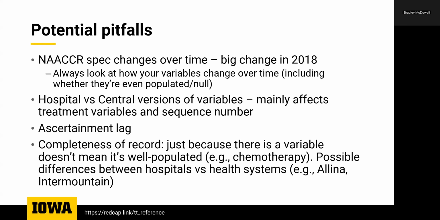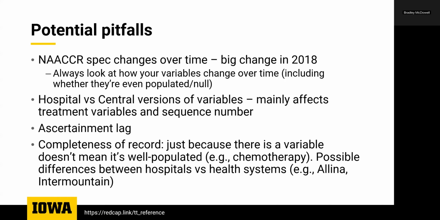Potential pitfalls. Well, I've been covering a lot of pitfalls so far, but here are some that I thought I'd deliberately name. One thing that I've mentioned a few times here, and I think we're all sort of painfully aware of, is the NAACCR specification changes over time. In particular, there was a big change in 2018. Just about anything that you want to look at, you want to look at how your variables are changing over time, especially just whether they're even populated or not.